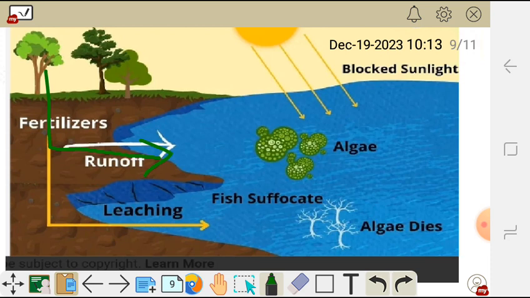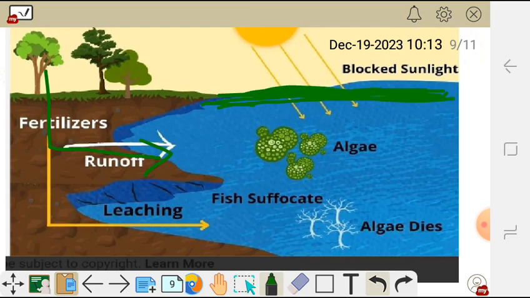Because of the minerals, the ions are going to be increased. So that will cause algae to die, and algae is simply a green structure which is observed especially in stagnant water. So when that algae dies, it is going to cover the water, the layer on top there.